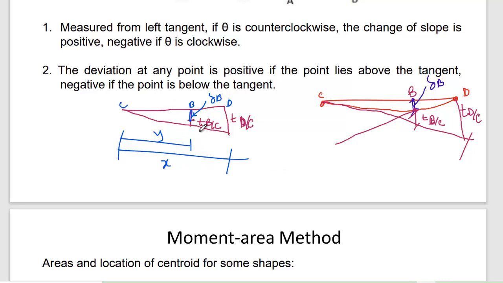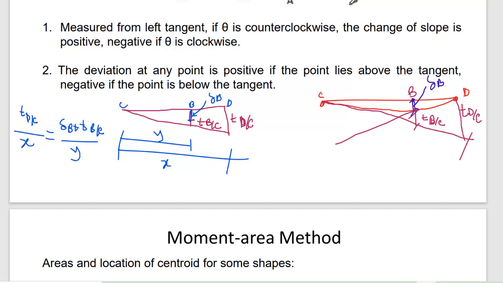What we can do here, we can consider that T d by C divided by x equals to the simple trigonometry equals to what? Del B plus T B by C divided by what? Divided by y.